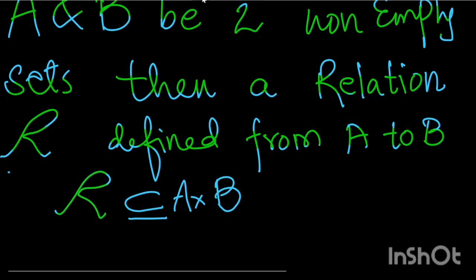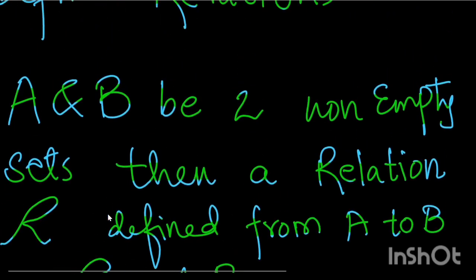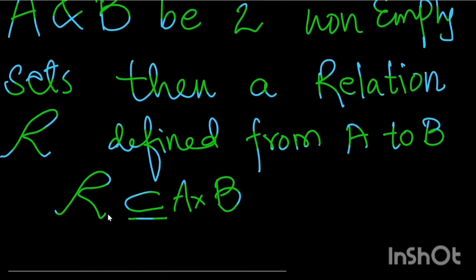Because we need to differentiate it from capital R, which represents the set of real numbers. That's why it is written like this, guys. But still we call it R. So R is defined from A to B such that R is a subset of A cross B. If R is a subset of A cross B, then R is a relation defined from A to B.